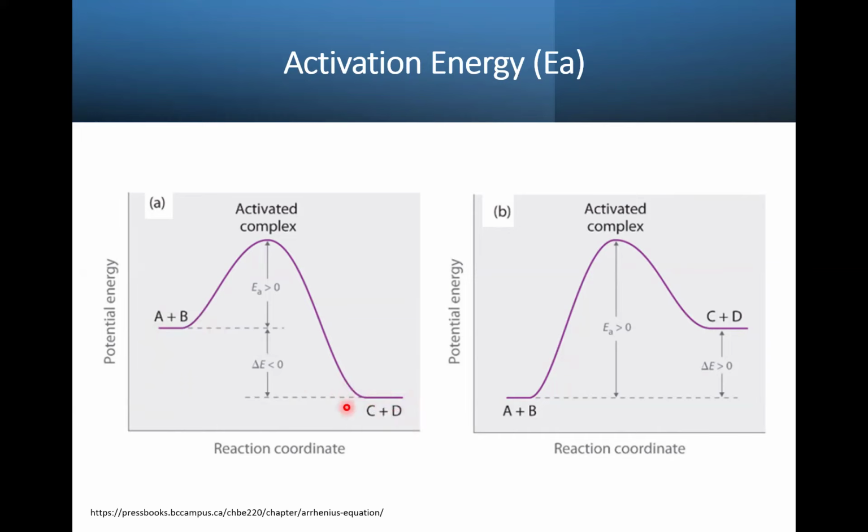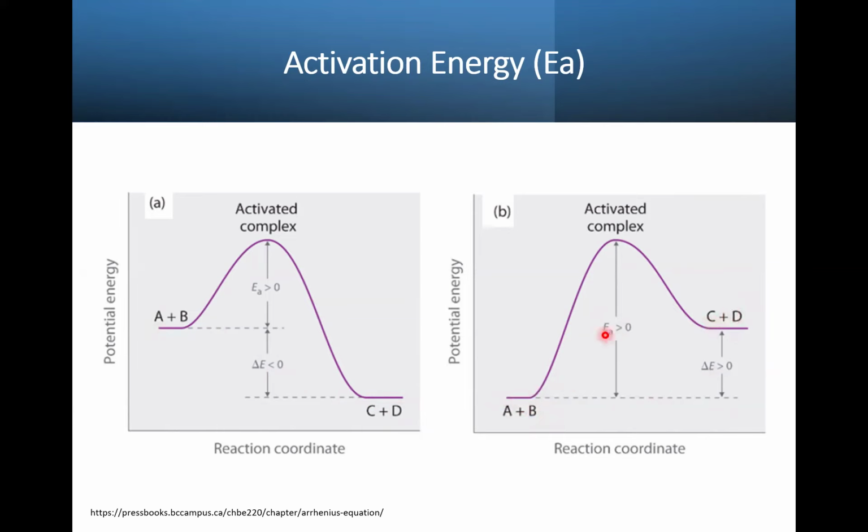If we look at this figure, the products have lower potential energy, and the overall change in the potential energy is negative, which means that the reaction is releasing energy, an exothermic reaction.